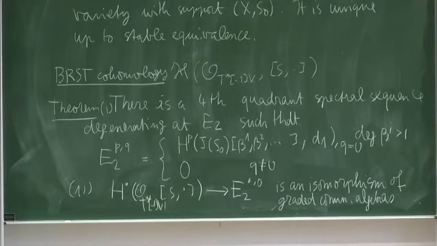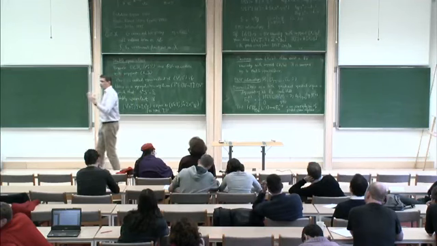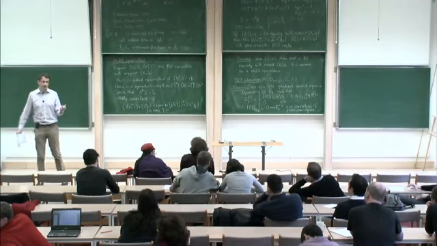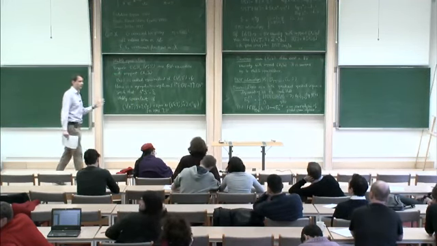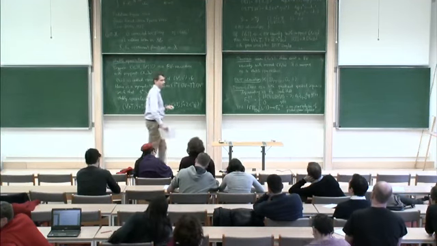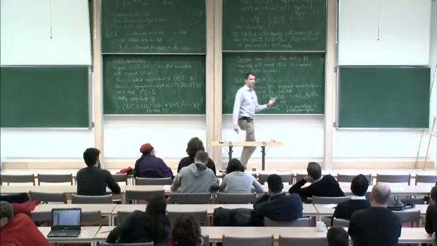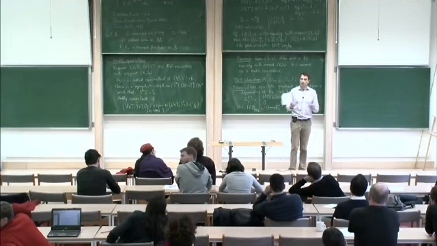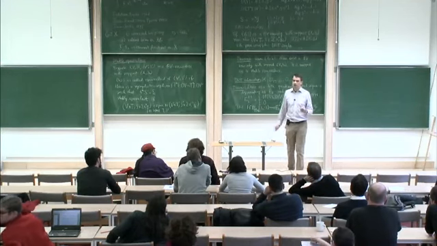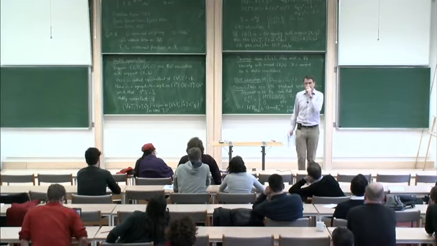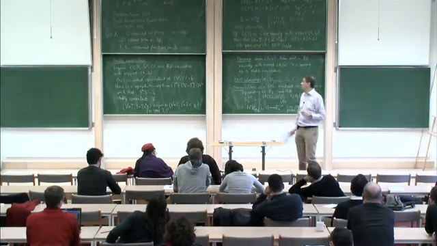And this filtration is good for the product in the sense that if you take an element in Fp and one in Fq, the product will be in F(p+q). But for the bracket, it is less pleasant.